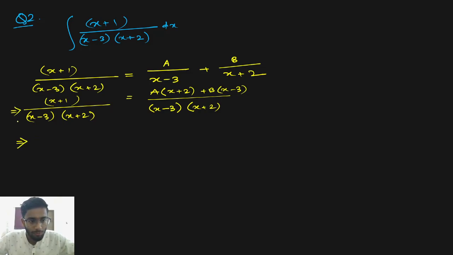Easily, for this function, the value of x cannot be 3 and the value of x cannot be minus 2, so we can assume these two denominators can be cancelled out. Then it is going to be A multiplied by x plus 2 plus B multiplied by x minus 3.